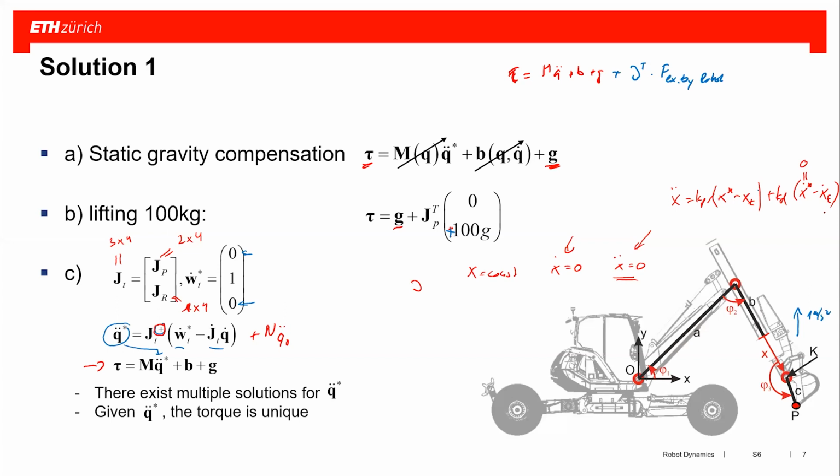So I would have to define a feedback law on X and X dot to determine the X double dot and then insert this feedback law in here. And by this, we could keep it constant.